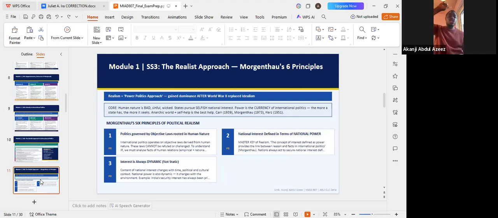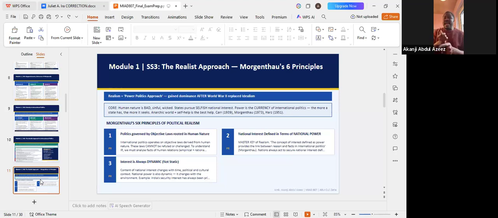All the countries in the world you are seeing are fighting to get power so that they can be powerful and influential in the international system. Number three argument of the realist is that conflict in the international system is a natural thing. It's natural to fight one another in the international system, and it is unavoidable.